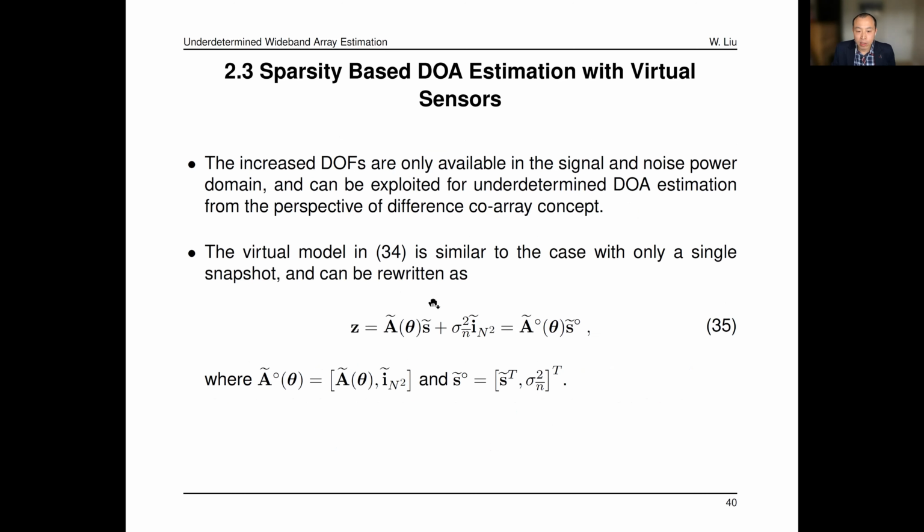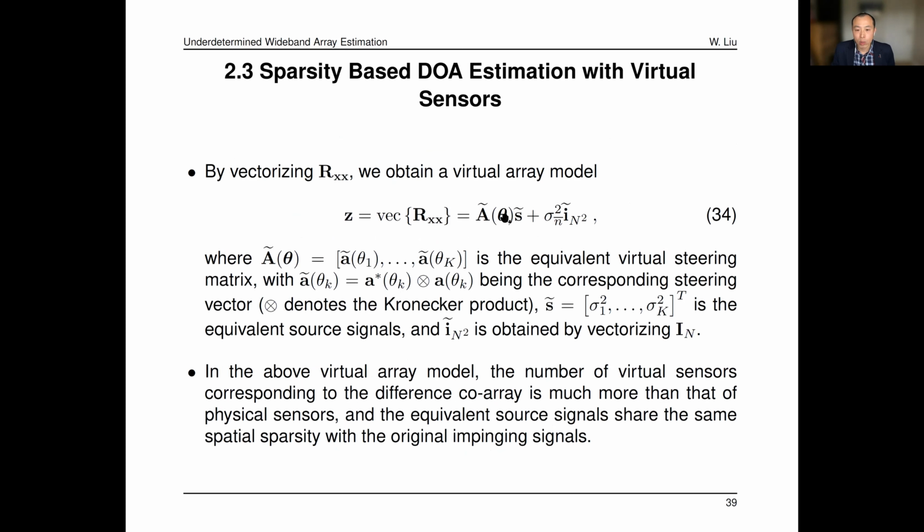Certainly, given this single snapshot array model, you can use what we call the spatial smoothing based MUSIC method. It is a single snapshot because this is a vector, and you have coherent sources because you have only one snapshot.